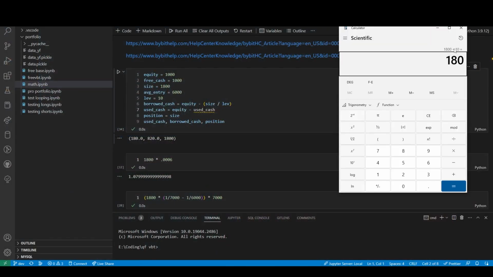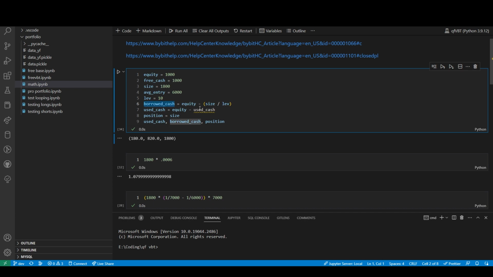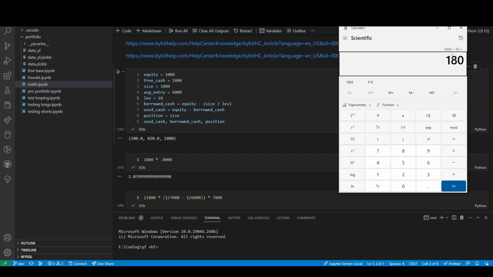So I'm using 180 of my dollars. Yeah, I'm using 180 of my dollars. So equity minus how much I'm using is how much I'm borrowing, and equity minus borrowing is how much I'm using.